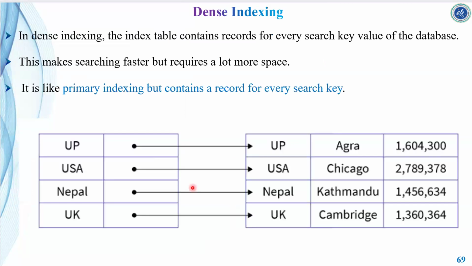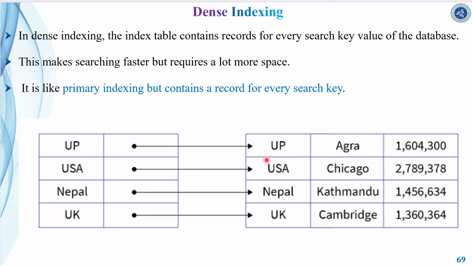This is an example of a dense index. In a dense index, what is that? It is actually every record of the main table. This is the index table and this is the main table. The index table will have search values. So for every search value of the main table, there will be an index table entry.